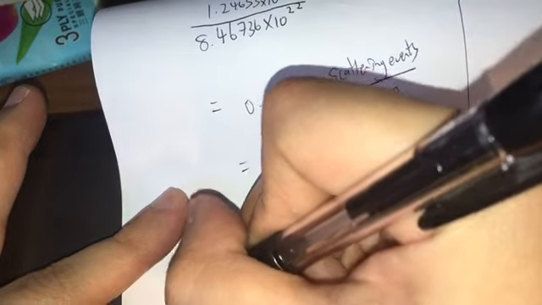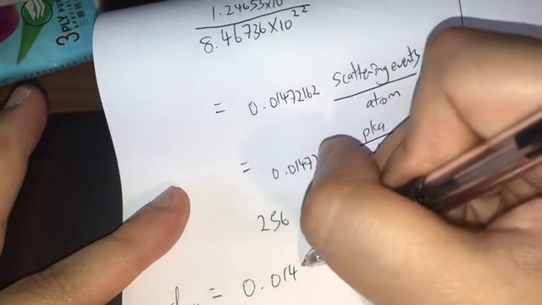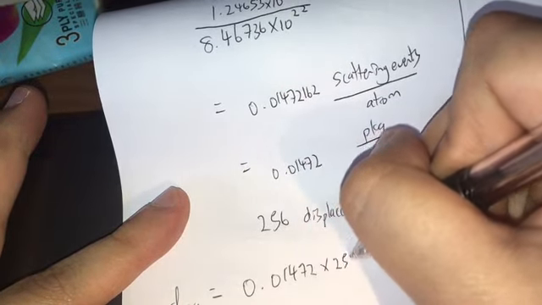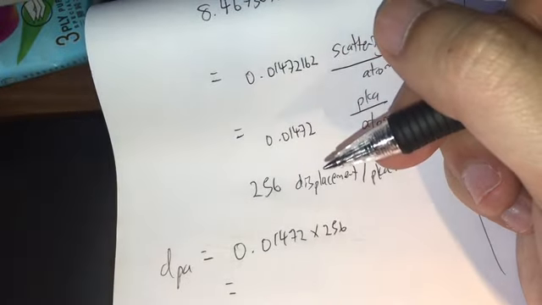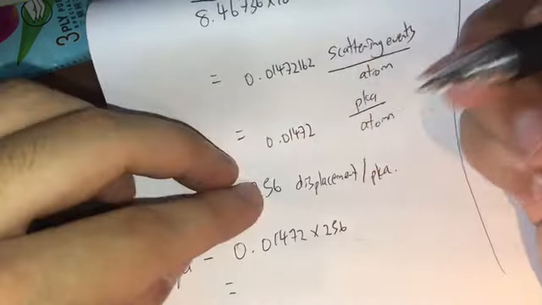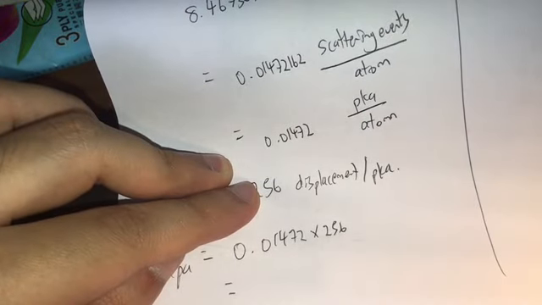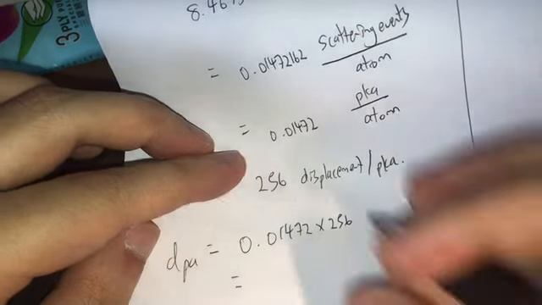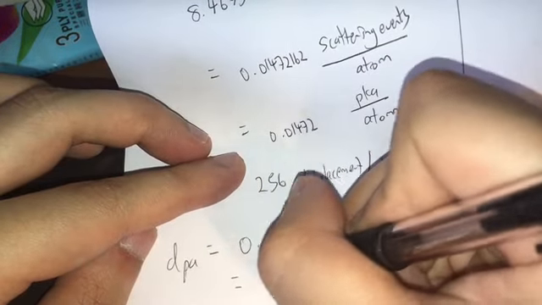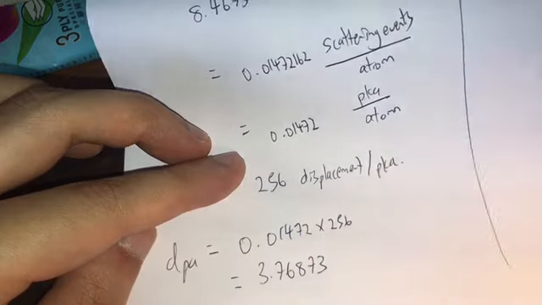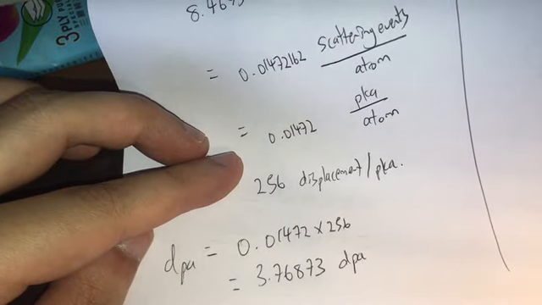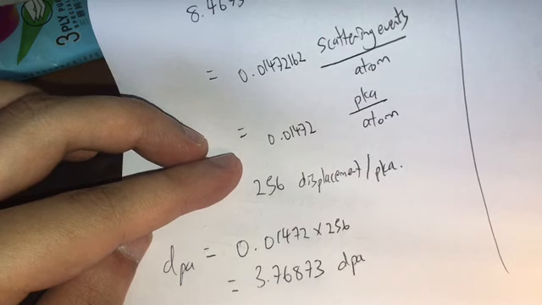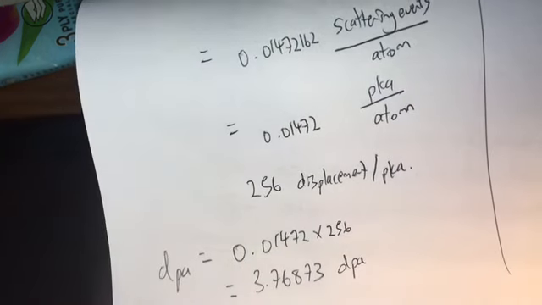So dpa, if you are using these assumptions, 0.01472 multiplies into 256. All right. Okay, so we will have about 3.6873 dpa, about 3.7 dpa.